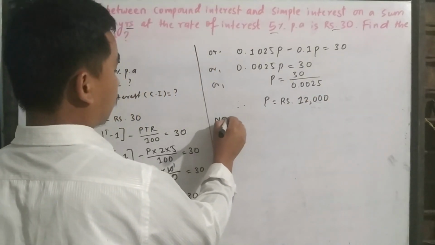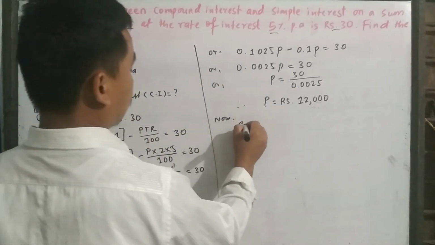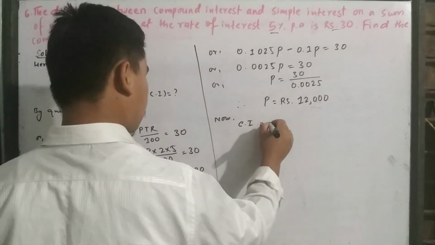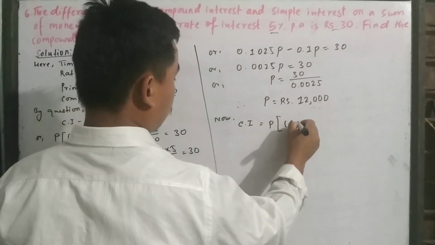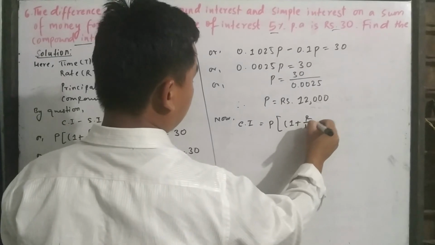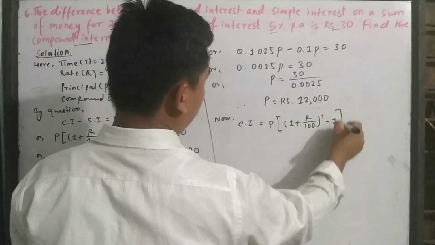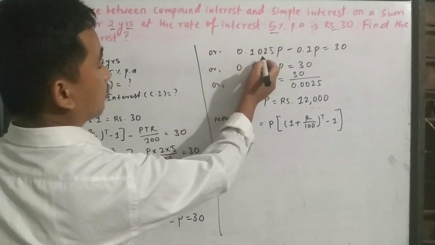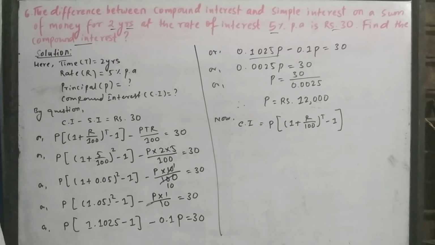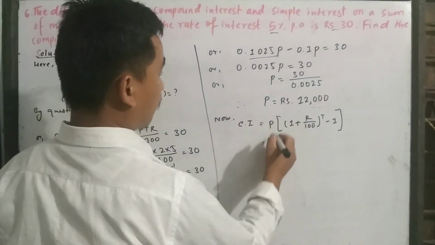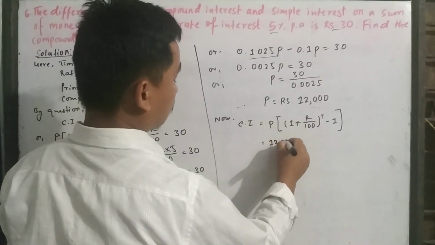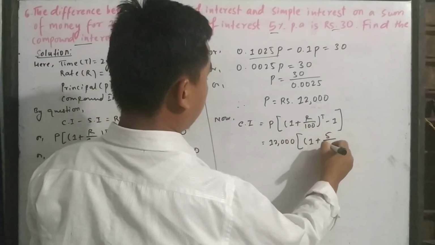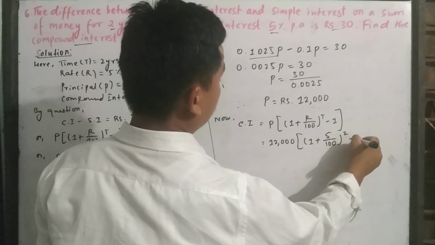Now, let's calculate the compound interest. Compound interest is equal to P into 1 plus R divided by 100 whole power T minus 1. Or we could have directly used 0.1025 P. Value of P is 12,000, 1 plus rate is 5% divided by 100, time is 2, minus 1.